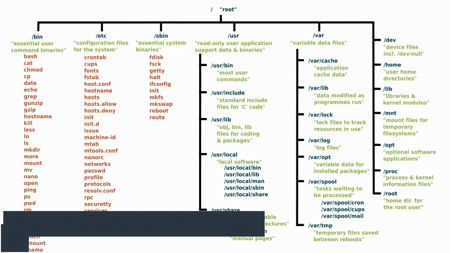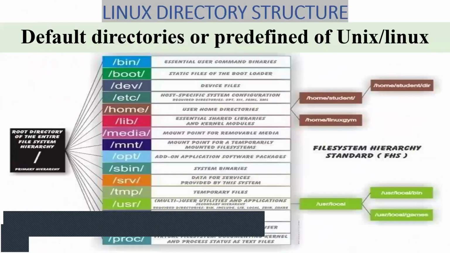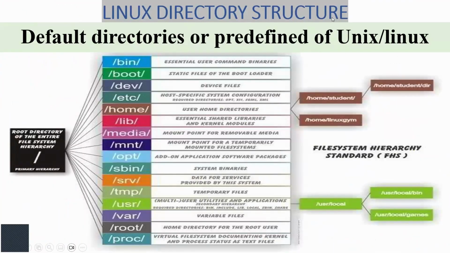So this is what we have, talking about how the default directories or predefined Unix and Linux directories are actually arranged in the root directory, which is the entire file system, and how these are stored in a hierarchy.